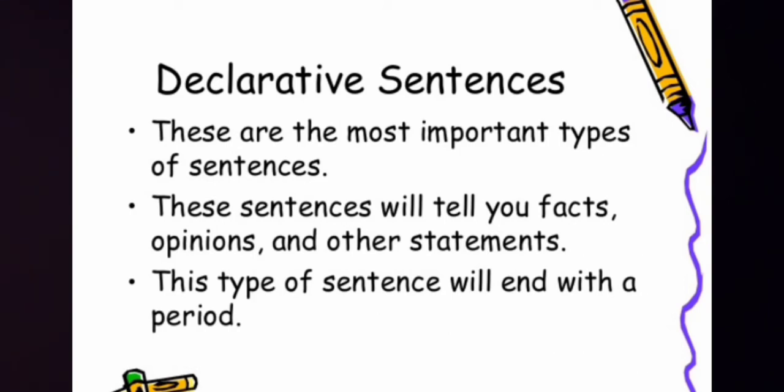Declarative sentences tell information about anything and end with a period. Example, a dog is man's best friend. Here it says that a dog is always man's best friend.